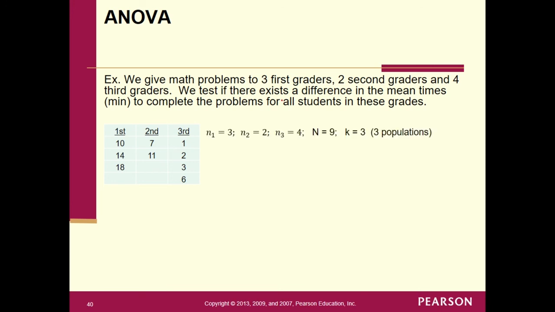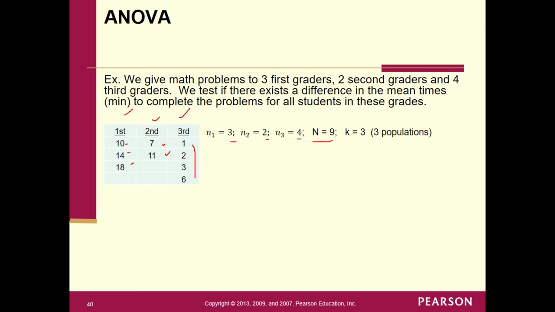So notice N1 would be 3 in this situation, right? Got 1, 2, 3. And N2 would be 2, and then N3 would be 4. That means the overall N is the summation of these guys here. So 3 plus 2 plus 4, okay, that's 9, capital N. K is equal to 3 because we have 3 populations that we're taking a look at.